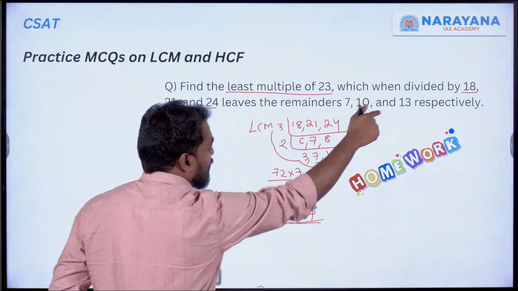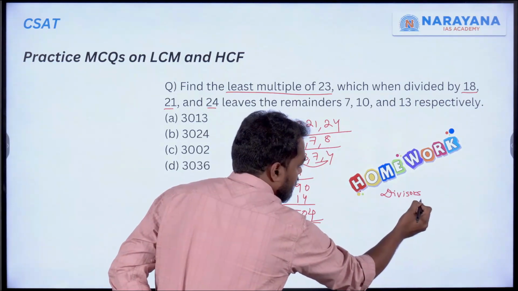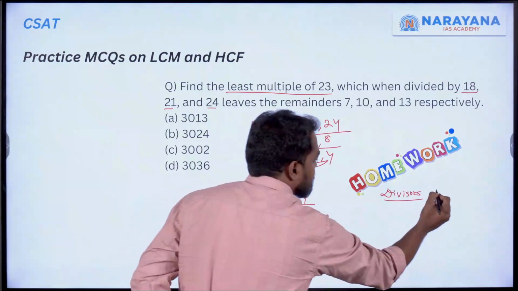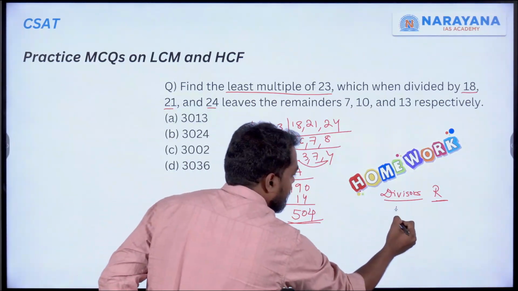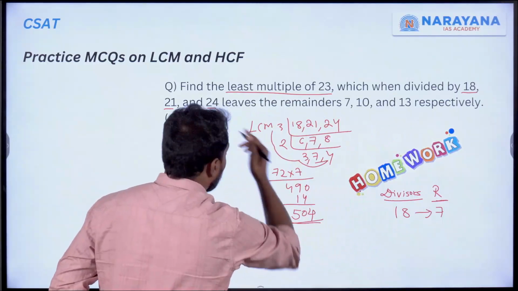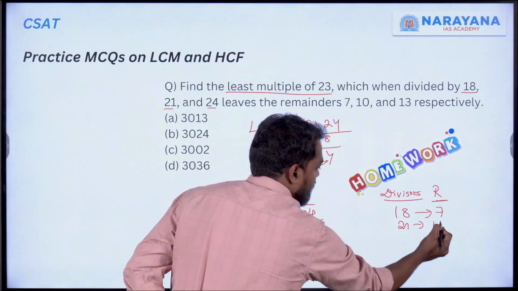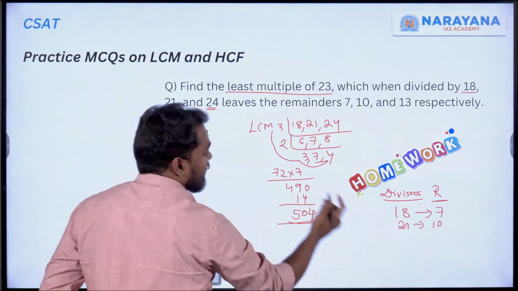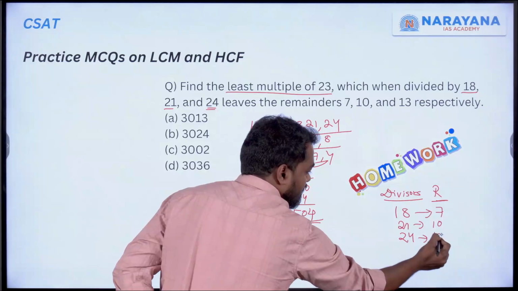Next I have told you the process. Write all the divisors and what are the remainders. So if you are dividing that number with 18, you are getting a remainder of 7. If you are dividing with 21, you are getting 10. Similarly, if you are dividing with 24, you are getting 13.